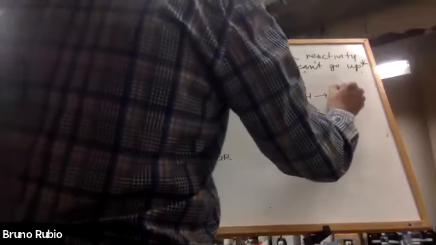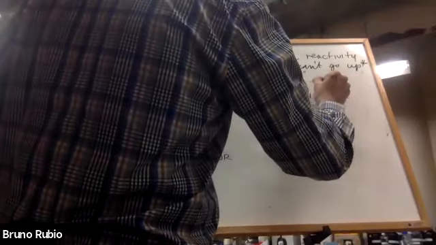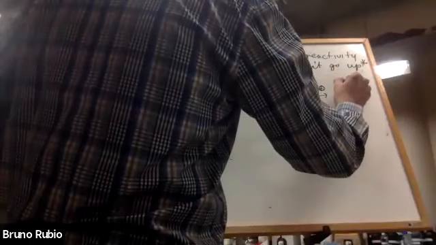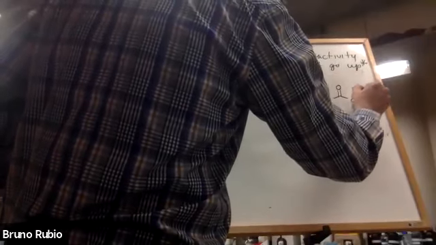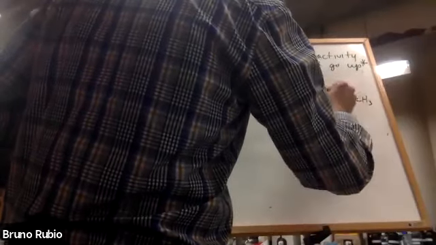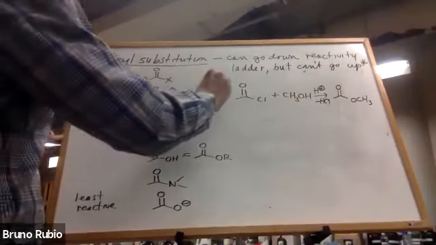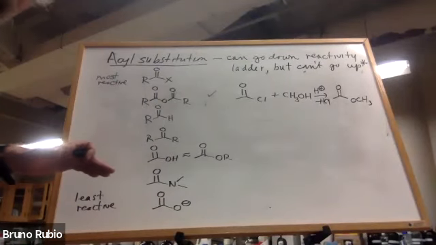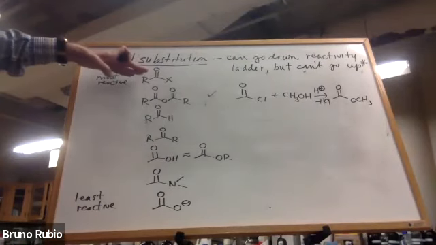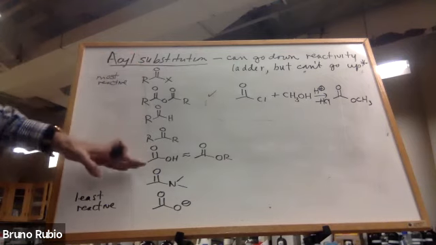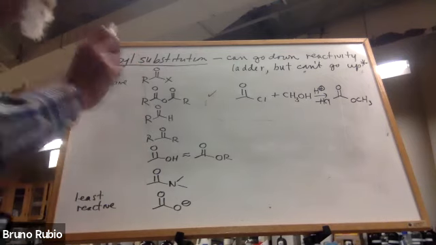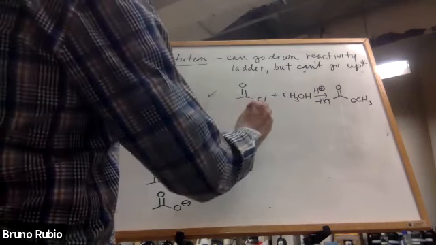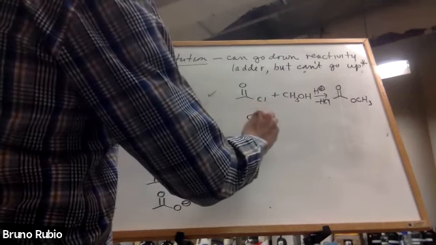The nucleophile will take its place. Let's say this is happening under acidic conditions. So the nucleophile took the place of the leaving group. We got HCl. That's okay because I'm going down the reactivity ladder. I'm going from way up here to down here. That's okay. But this is not okay.